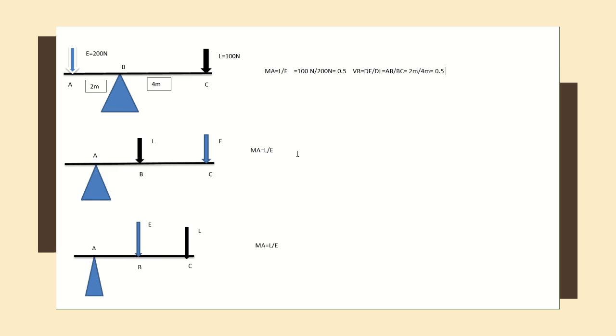In the other case, case 2, the second class lever, the velocity ratio is equal to the distance moved by the effort divided by the distance moved by the load. Now, this is my load and this is my effort, so it has changed. The distance moved by the effort is now from A to C. You have seen it has changed. Our reference point should be at the pivot.